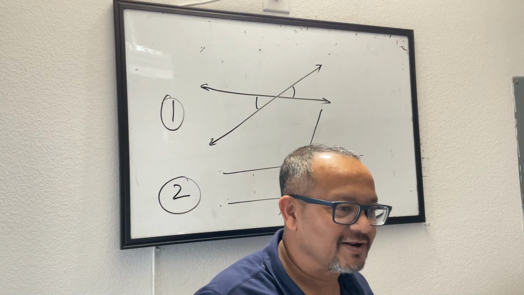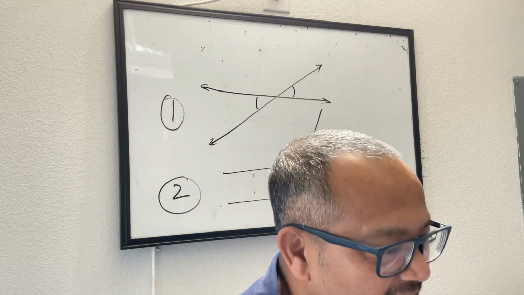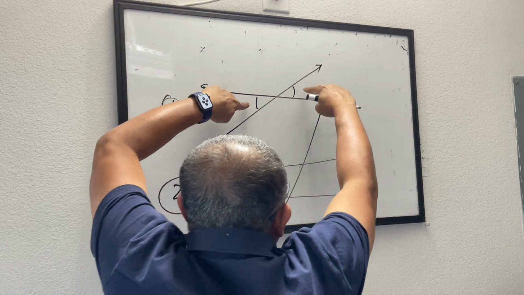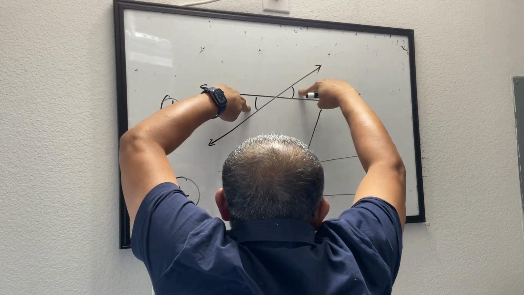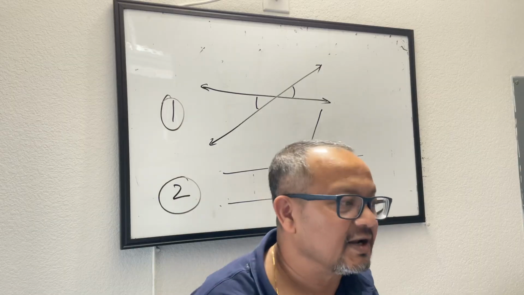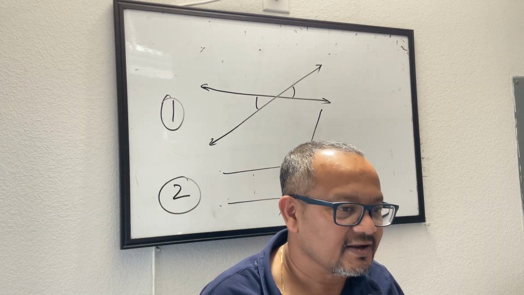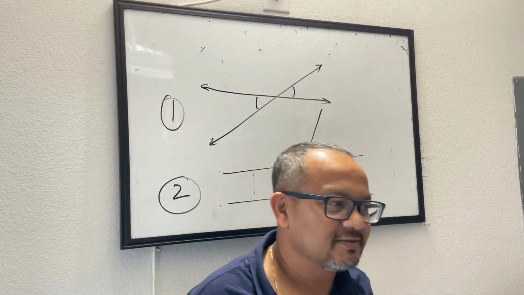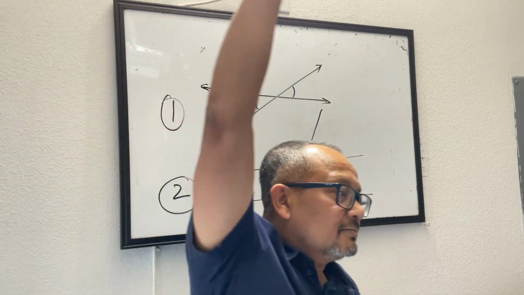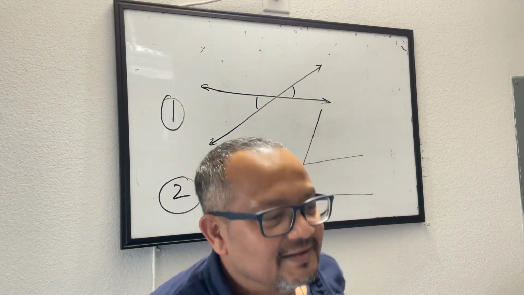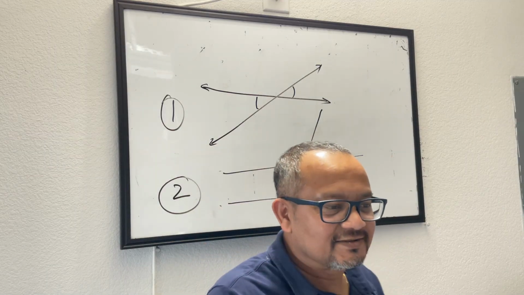Acute, based on its size, but I'm asking what are these two angles called? There's some relationship between these two angles. Yes, Sammy. Let everybody get a chance. Corresponding angles? Congruent angles?